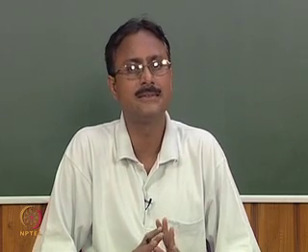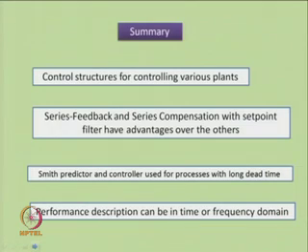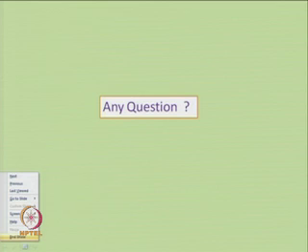We have also discussed a few modified Smith predictor and control structures, which have got added advantages compared to the conventional Smith predictor controllers. Performance description can be in time or frequency domain, that we shall discuss at length in our next lecture. That is all about the lecture. Let us go to the question answer session for this lecture.